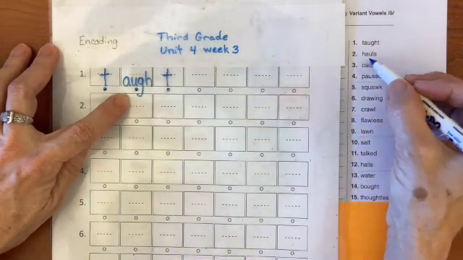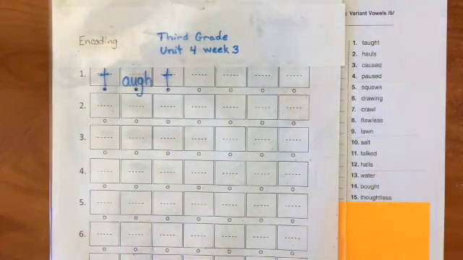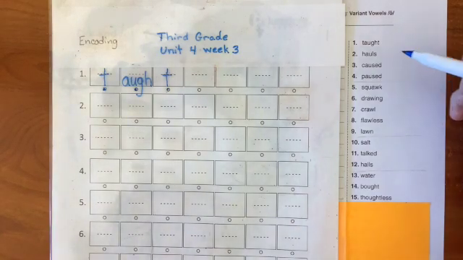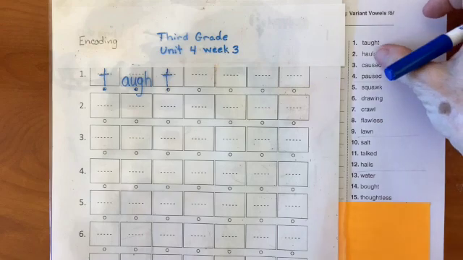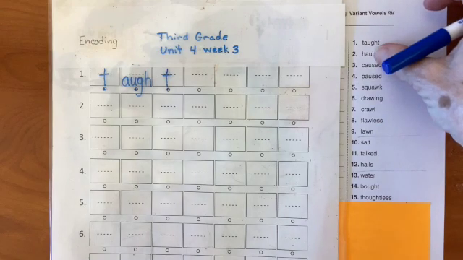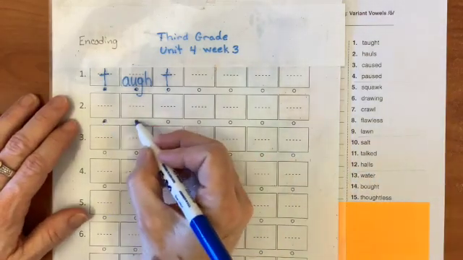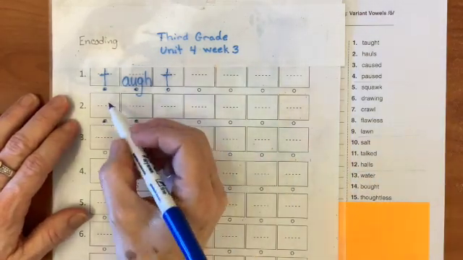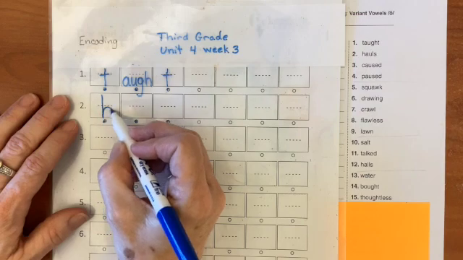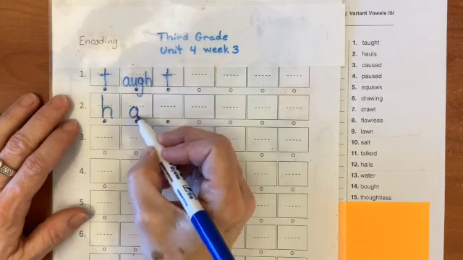The next word is hauls, and this means like a tractor trailer. It hauls freight. But we're not going to sound out a suffix, so we're just gonna sound out haul. You can memorize that, right? You already know the H sound. Aw is the AU.